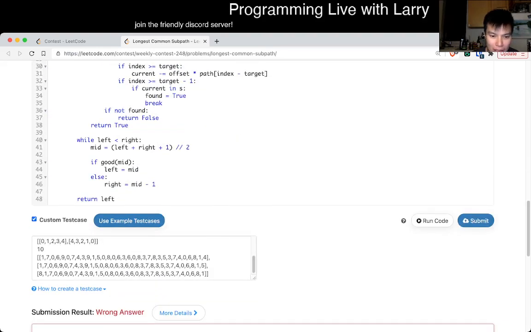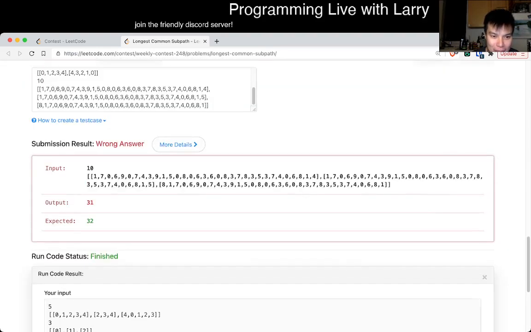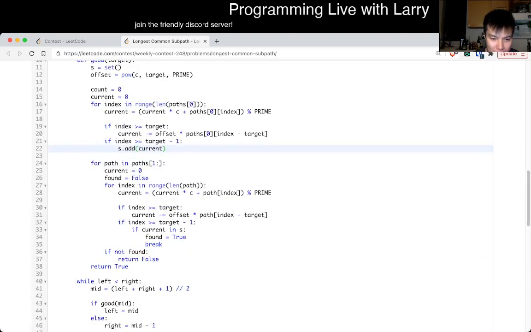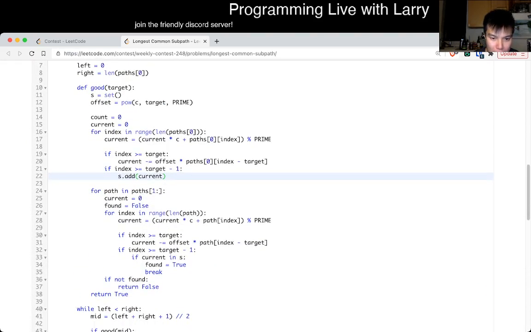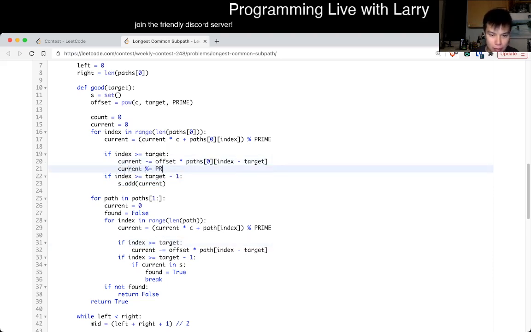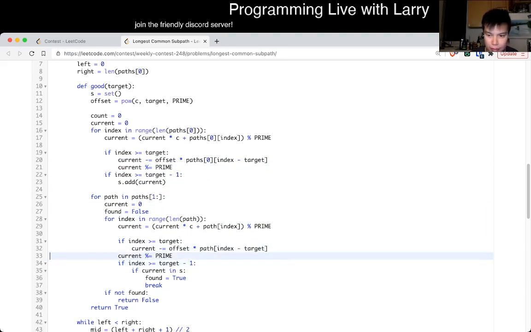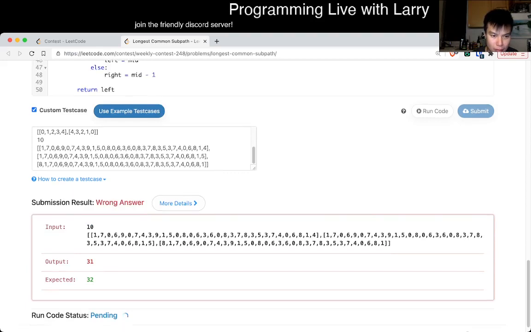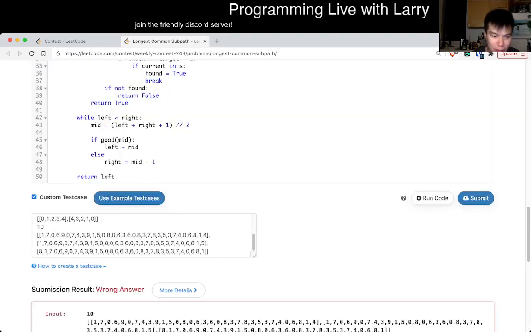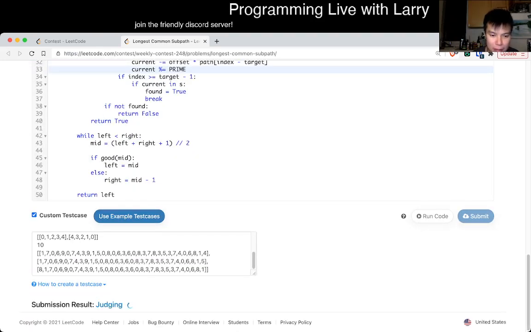Why? How are you wrong? How do you forbid me now? Off by 1 on sliding window. Okay. I actually thought about that while I was doing it, but I was just being dumb and forgot.